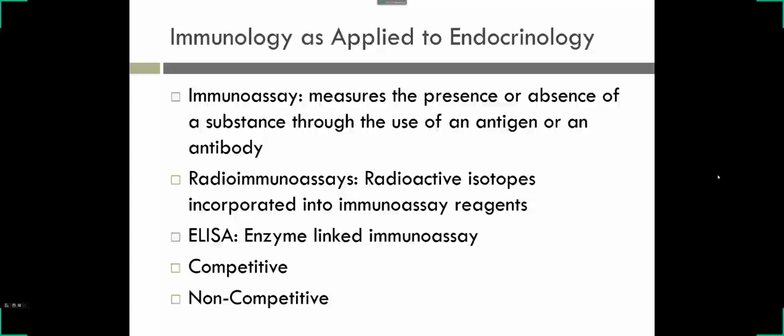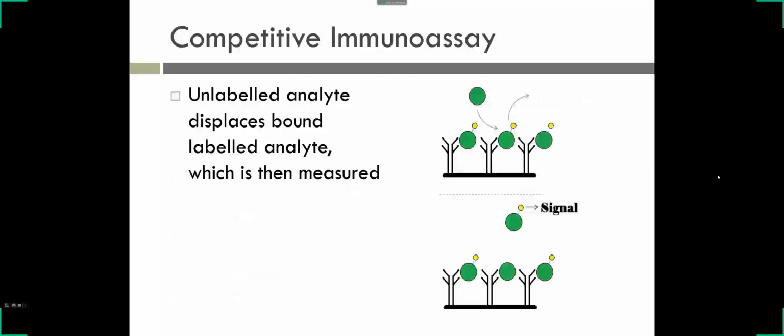Then you have the enzyme-linked immunoassay, which most of you would have seen or done for some of your projects. And within there, you have competitive enzyme-linked assay versus non-competitive. So how does the competitive immunoassay work? You have an unlabeled hormone, which displaces a bound labeled hormone, which you then measure. Imagine we have a fluorescent labeled insulin.